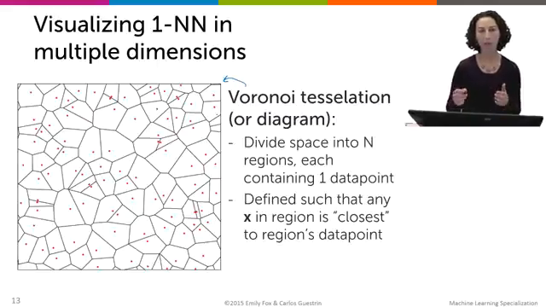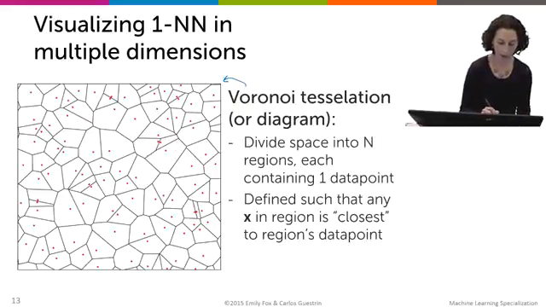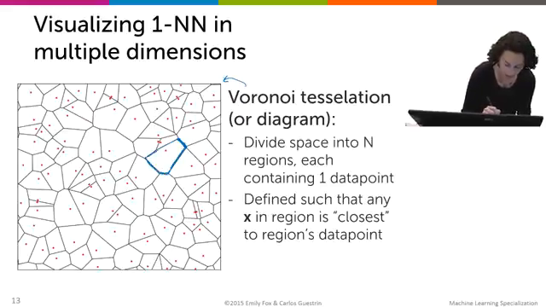And what we do is divide our input space into regions. So in the case of 2 dimensions, they're just regions in this 2-dimensional space. I'm just going to highlight one of these regions. And each one of these regions is defined by one observation. So here is an observation.